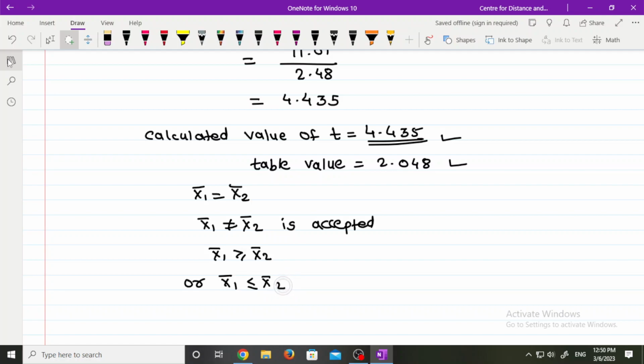So here we entered the data of girls first, and the calculated value of t is positive. Hence we accept x1 bar is greater than x2 bar, concluding that girls score higher compared to boys.